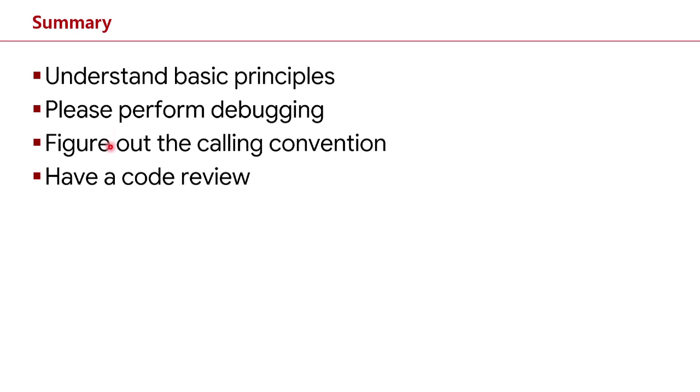The next step is to understand the calling convention. If you understand the calling convention in the Armv8-A architecture, you're going to see patterns in the assembly blocks. And the last thing is to have a code review of the starter code in U-Boot or the Linux kernel.